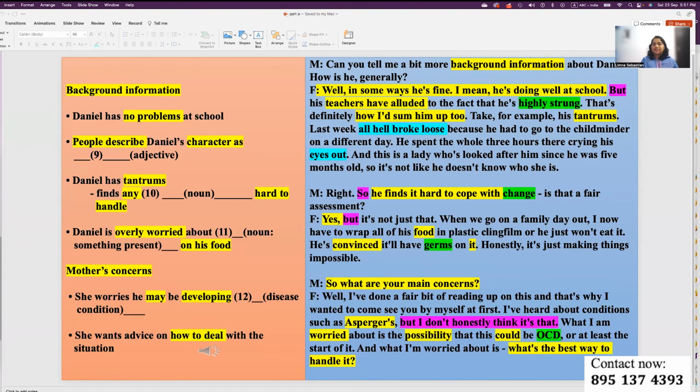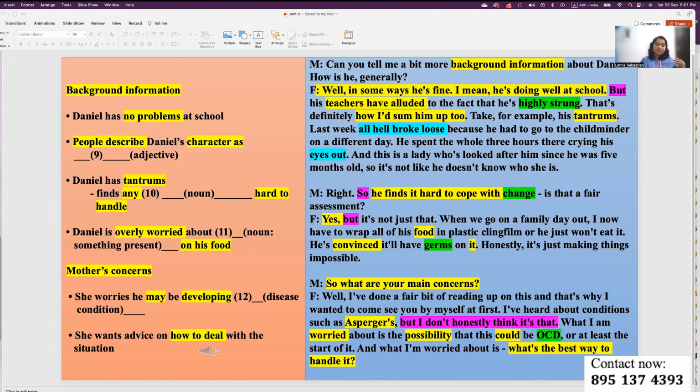Okay, strategies. So what will be our answer? This could be OCD. So OCD is the disease condition. She is thinking his son has OCD, maybe OCD. "Or at least the start of it. And what I am worried about is what's the best way to handle it."